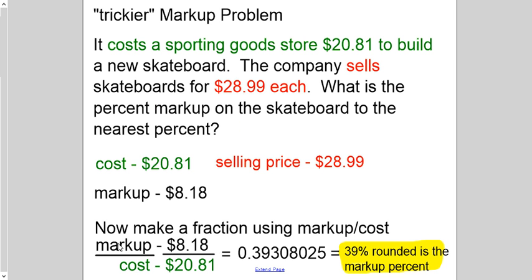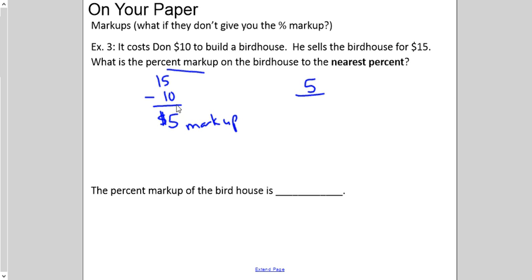Remember, we put our markup there and then our original cost on the bottom. Our original cost to build it was $10. 5 divided by 10 is 0.5. If we slide our decimal over 2 steps, that would be 50%. So the percent of markup for this birdhouse would actually be 50%.